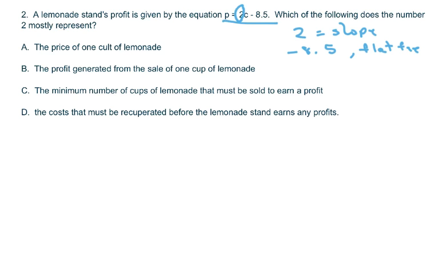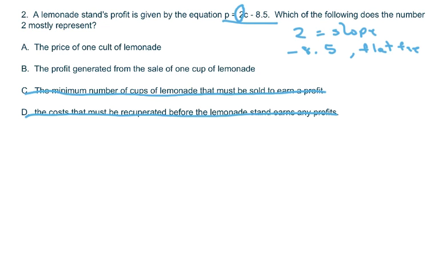So since the profit equation is given in slope-intercept form, the number 2 is the slope, which represents the unit rate. This means we can eliminate C and D, because neither describes a rate of change. Okay, so that's not a rate of change, and that's not a rate of change. All right?